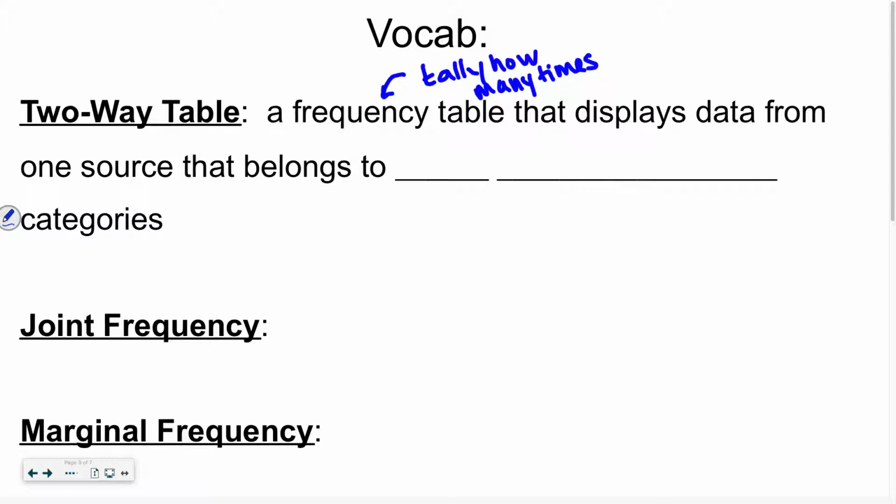That displays data from one source that belongs to two different categories. Joint frequency is every entry in the table.